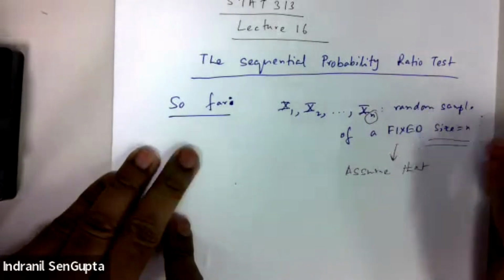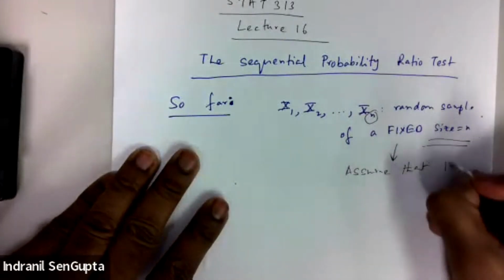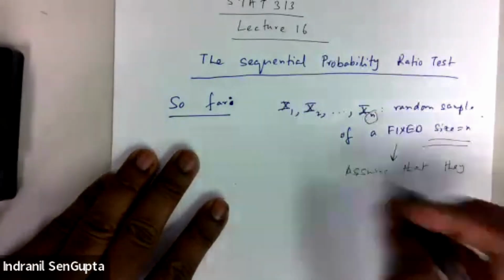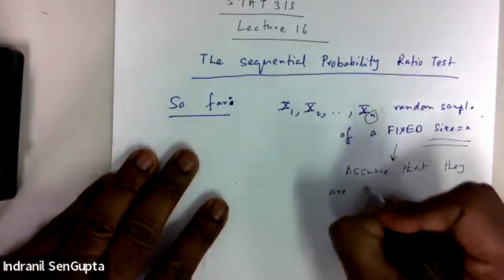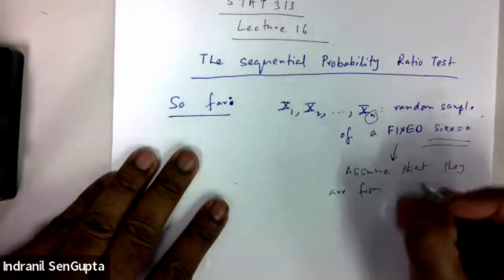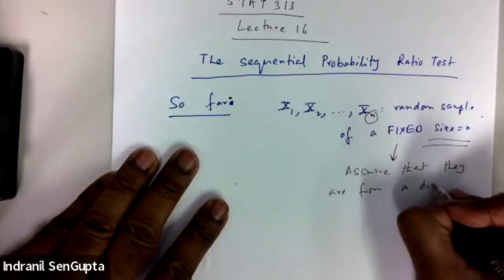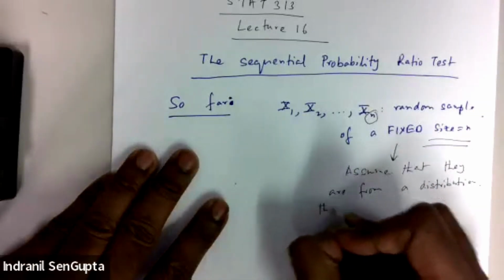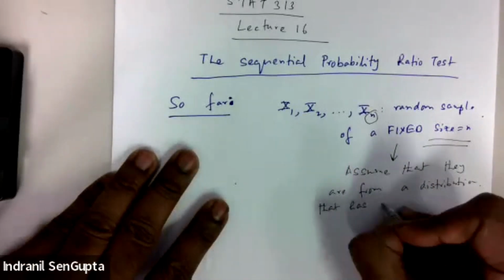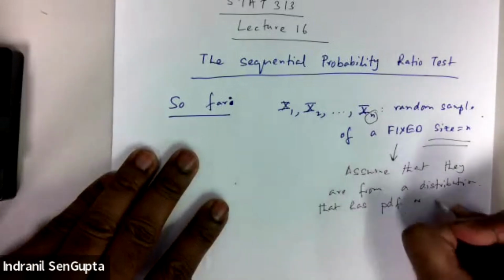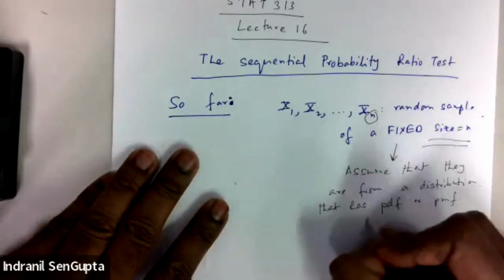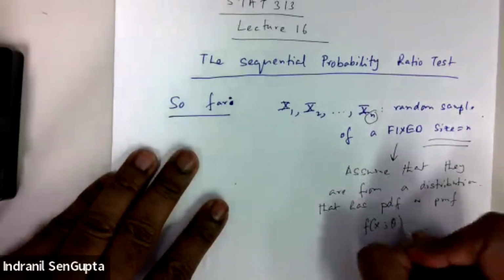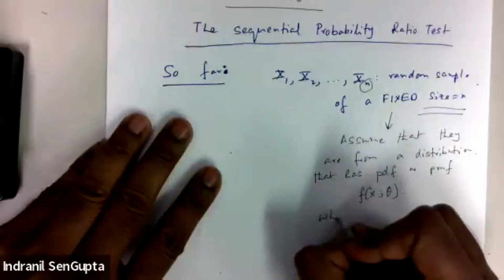And then we assume that this sample is from a distribution that has PDF or PMF f(x, theta), where this theta is unknown.